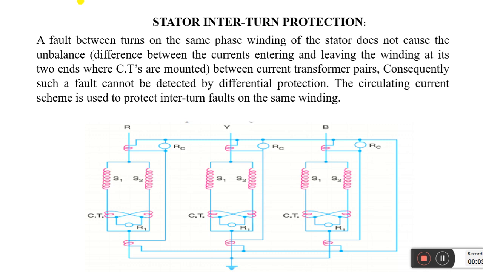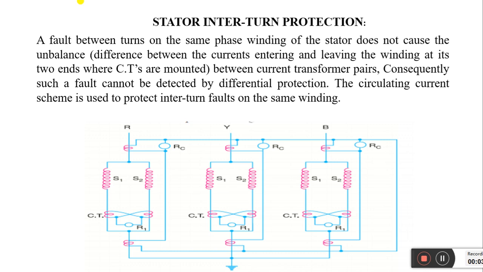Now let us say we divide this conductor, so that half of the turns are separated from the R phase and just connected in parallel, and we provide 100 ampere current to flow through these parallel paths.